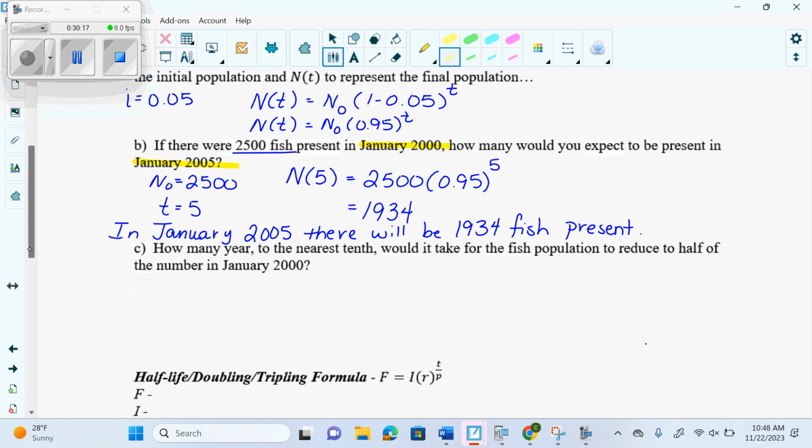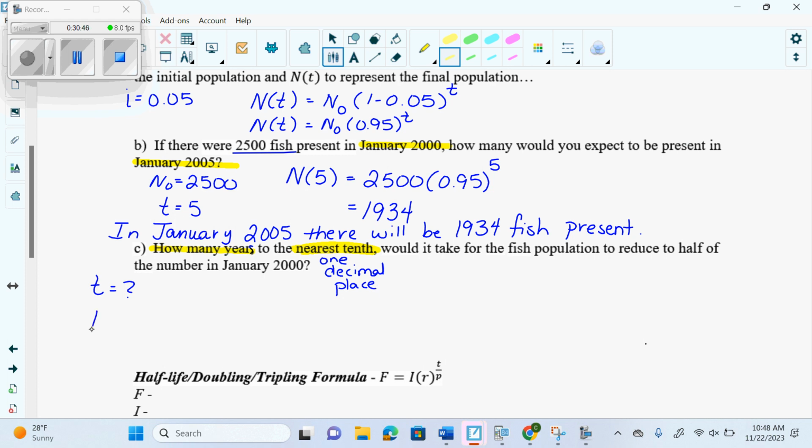Then it says, how many years to the nearest tenth? So it wants us to find t. To the nearest tenth means one decimal place, so I want to make sure that I don't forget that. What did it take for the fish population to reduce to half the number?